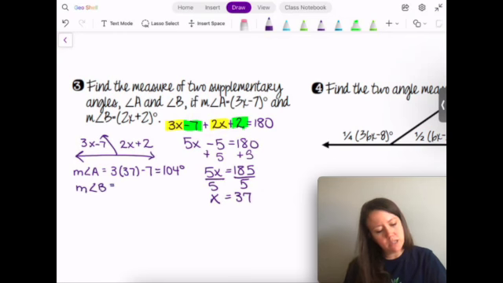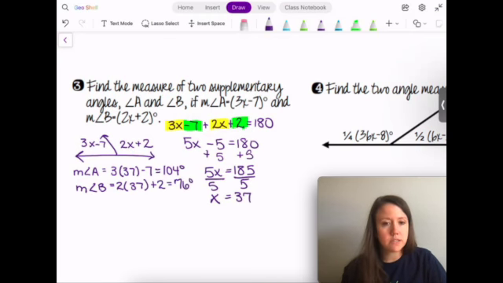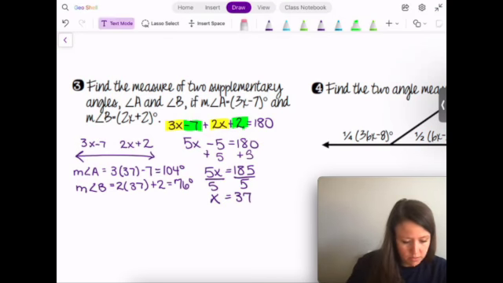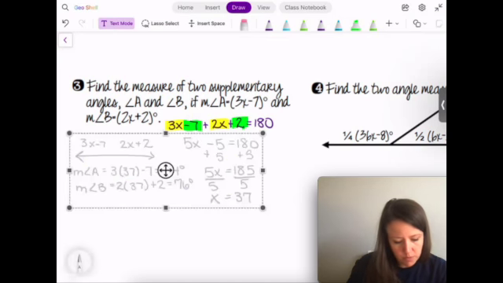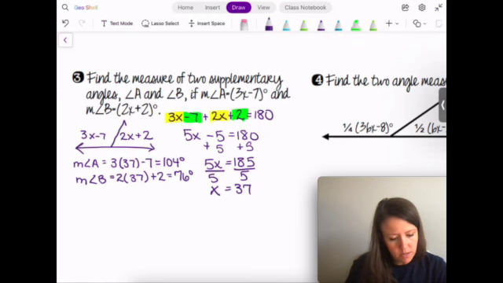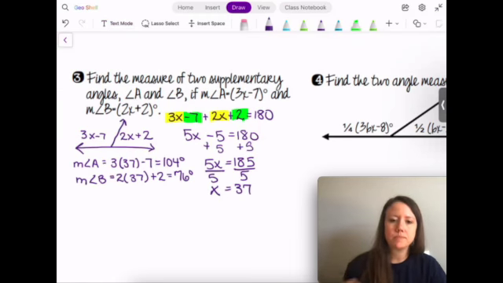Measure of angle B is going to be 2 times 37 plus 2, which is 76 degrees. So if I wanted this to be slightly more accurate, still wouldn't be super accurate, but there we go. I would want the first one to be the obtuse angle.